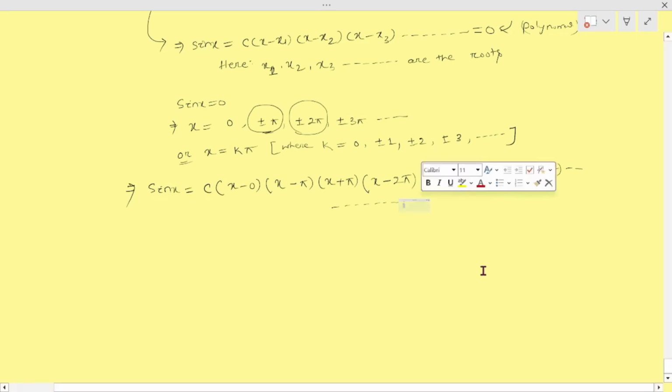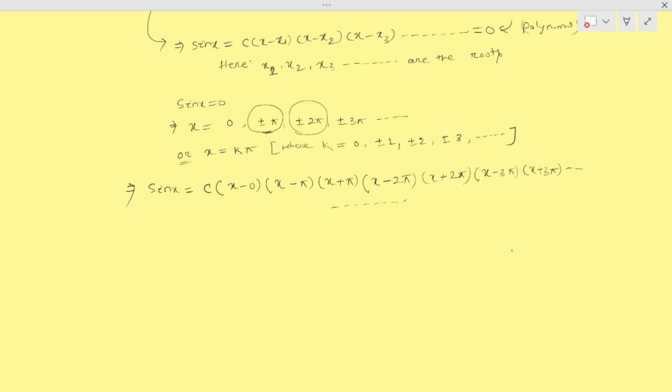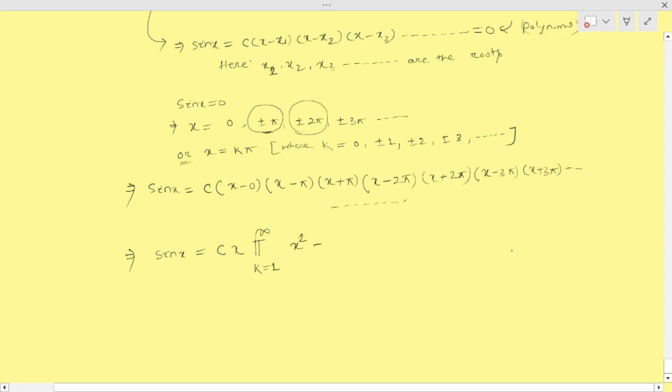Or this can be written in summation format, that implies sin x will be equal to c, here x minus 0 means x, product starts from k equal to 1 to infinity, x square minus k square pi square.